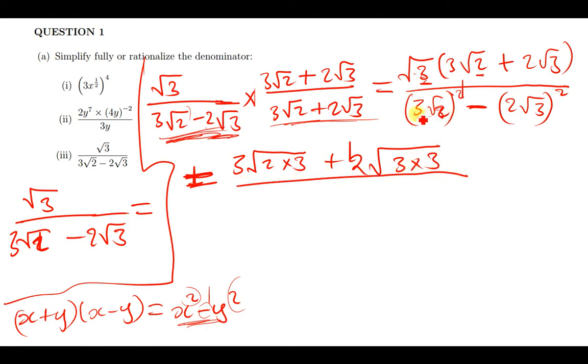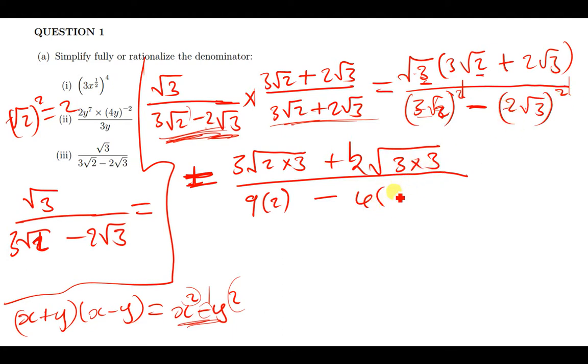When we simplify this, 3 to the power 2, the answer is 9, and then root 2 squared, the answer is just 2. Then minus this one, when you square 2 to the power 2, the answer is 4.